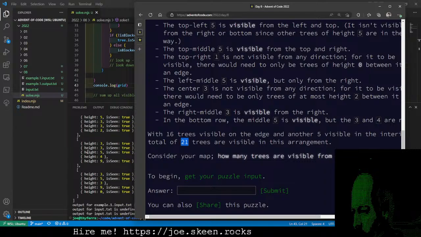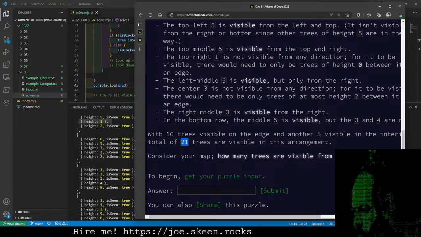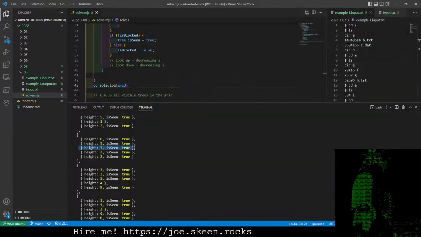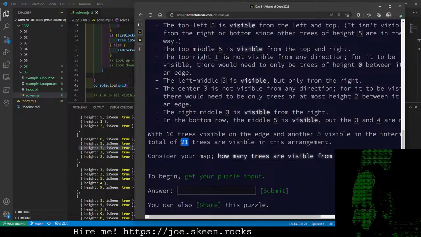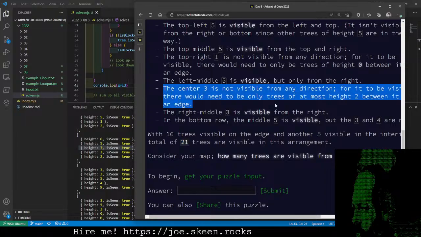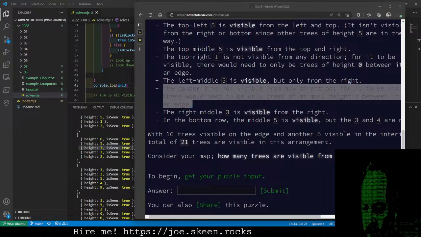I think we need to change the 4 or equals to.